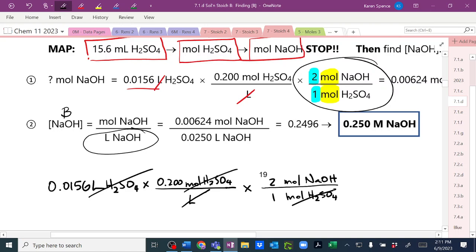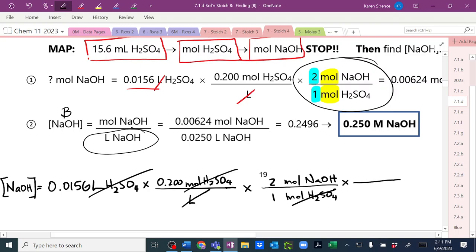It looks identical. The only thing that's different is if you don't want to write the concentration on the next line, if you just want to go from scratch and find the concentration all in one line, you can do a division by doing a multiplication. How do you do that?